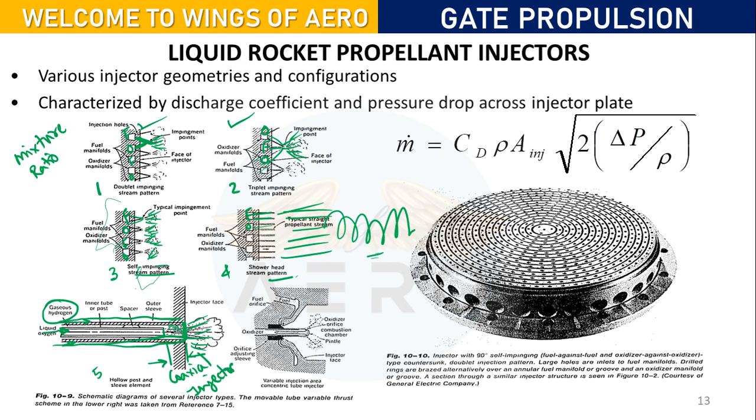Gaseous hydrogen. Why? Because in the previous class, if this is the axis of our rocket, this is the thrust chamber, the throat, and this is the nozzle. Now what happens in the case of regenerative cooling? Regenerative cooling means there will be an outer jacket.